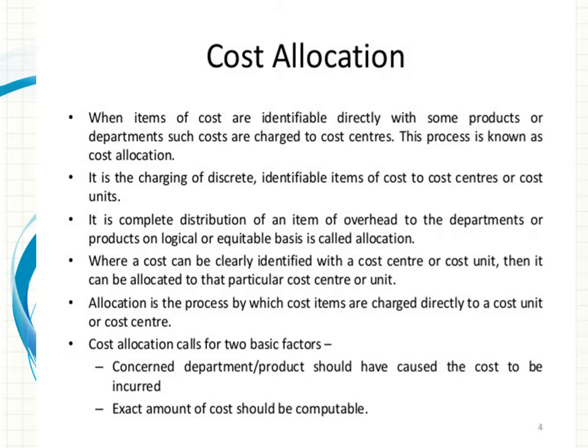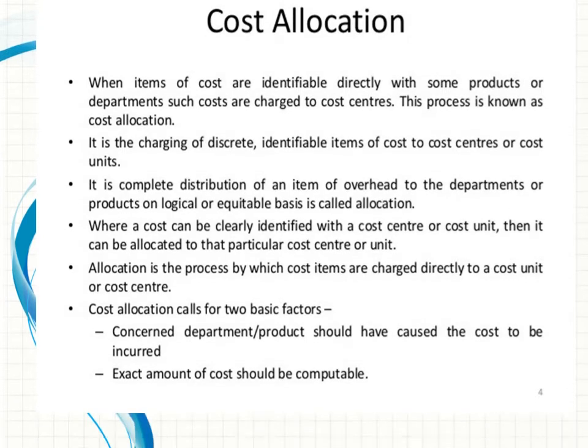If not, we have to take some equitable basis. Allocation is the process by which cost items are charged directly to the cost unit, and we have to consider what cost the concerned department has incurred, how they have incurred it, and what the exact amount of the cost is.